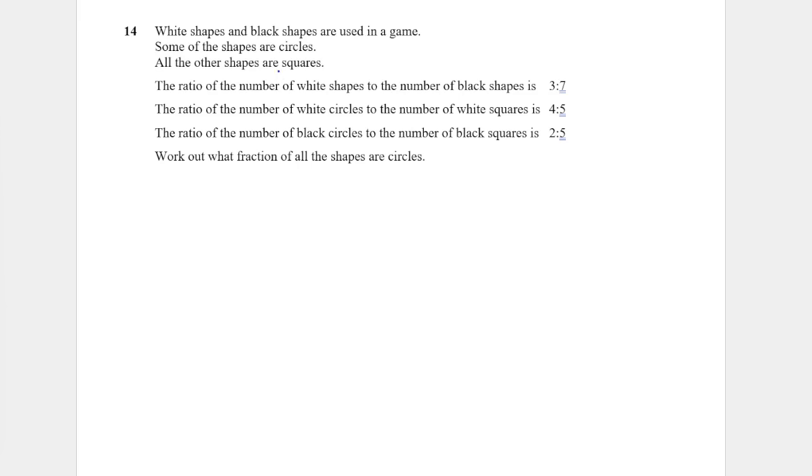Okay, so I'm going to split this into a bit of a ratio table. I'll do it the other way around actually, because that's how it's written. White to black is 3 to 7. Then we've got white circles to squares, for the white it is 4 to 5.